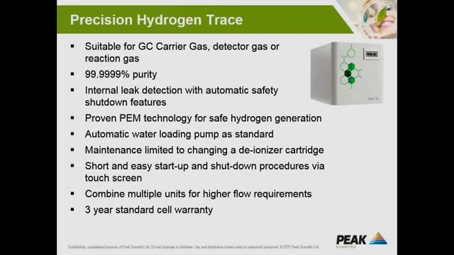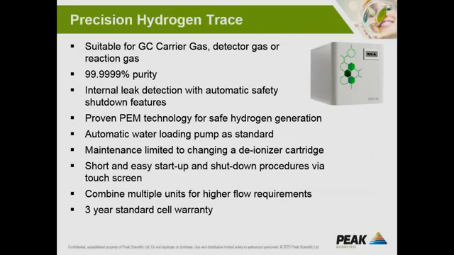It has an internal leak detection system, monitoring the pressure within the generator to make sure there are no leaks within the system. It also has an automatic safety shutdown feature, so that if there are any leaks between the generator and the application, it will shut down, as well as forced air ventilation within the system, so that if there was a leak of hydrogen or oxygen into the generator, this is purged from the system.